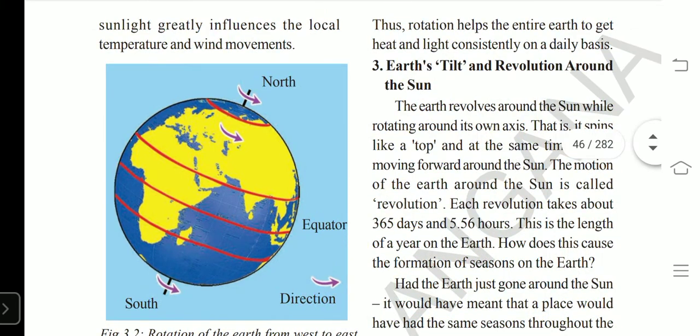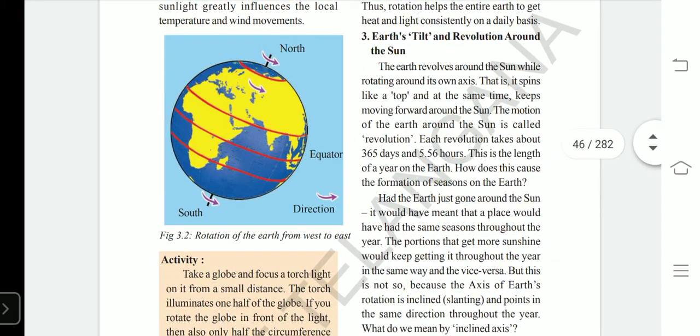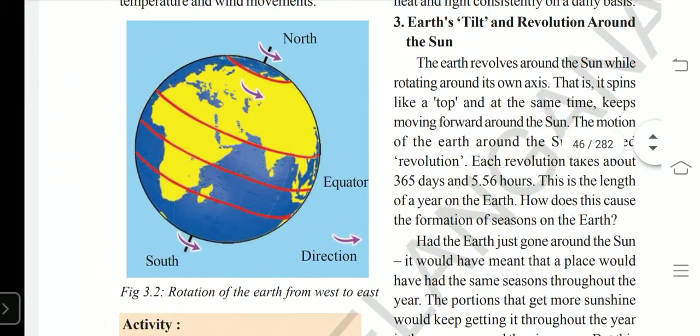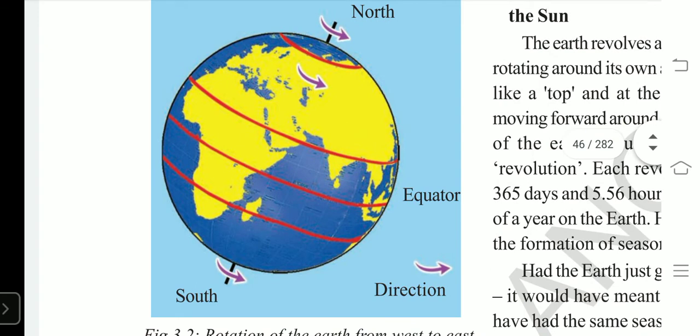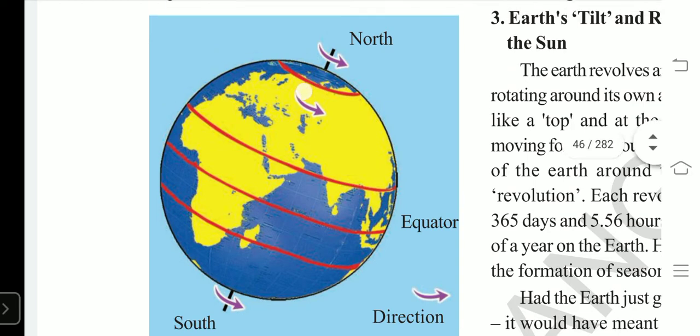Second is Earth's tilt and revolution around the sun, right? See, the Earth rotates and goes around the sun, right? Like a top spins. How you use a top to spin it, in the same manner, Earth rotates around one imaginary line.